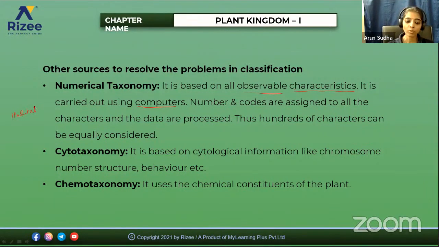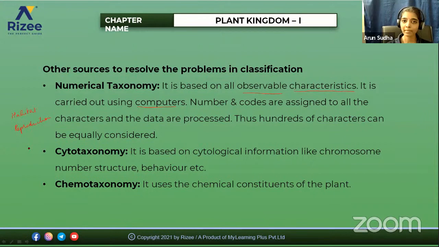And then what about the mode of reproduction, whether it is sexual or asexual. Based on the many characters they took into account, numbers and codes were assigned to all the characters. So they are giving equal importance to all types of characters.